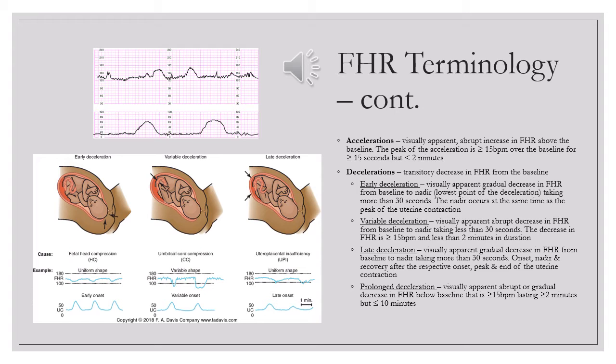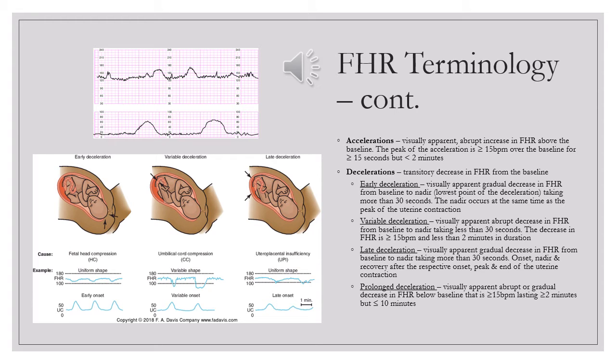Decelerations, as you might guess, are decreases in the fetal heart rate from the baseline, and there are several types of those. An early deceleration is a gradual decrease in the fetal heart rate that mirrors the contraction. The variable deceleration is an abrupt decrease in fetal heart rate and is at least greater than 15 beats per minute and less than 2 minutes in duration.